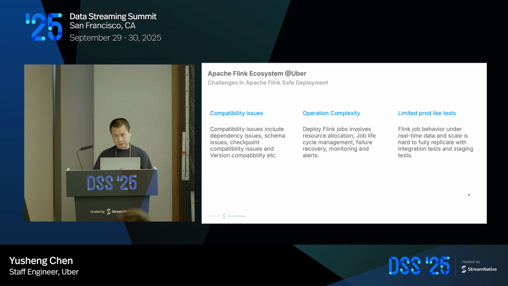Another major challenge here is testing. How can we verify that all our changes are safe and doing what they are supposed to do? A Flink job keeps running, it's streaming, right? So you have to find a way to test it that is more productionized.